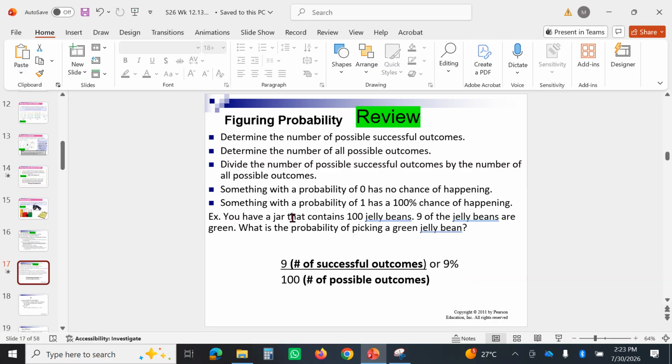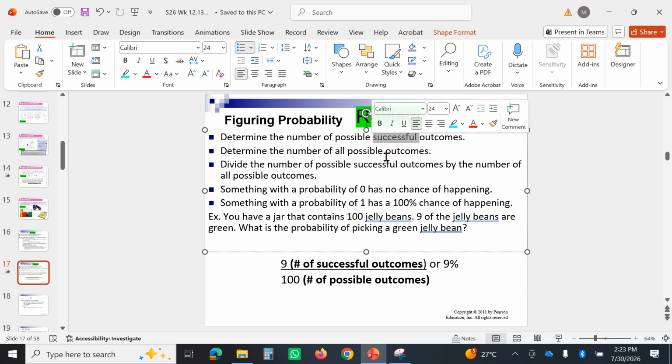Figuring probability: determining the number of possible successful outcomes, determining the number of all possible outcomes. Now, going back to successful, what are you looking for? If I'm rolling a dice and I'm looking for a number less than 3, so I'm looking for rolling a 1 or a 2, whereas a 3, 4, 5, or a 6 would be an unsuccessful outcome.